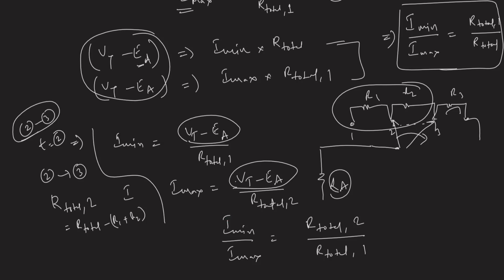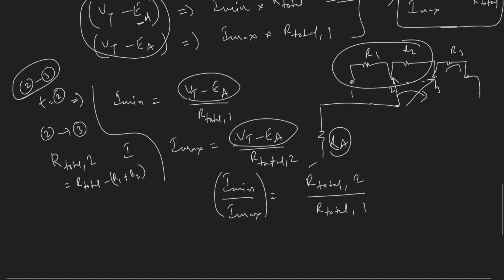Okay, so likewise, this ratio is already known. I minimum I know and I maximum I know. Now you can see earlier it is R total comma 1 by R total. Now at the second instant R total comma 2 by R total 1, and at third instant it will be R total 3 by R total 2 likewise.